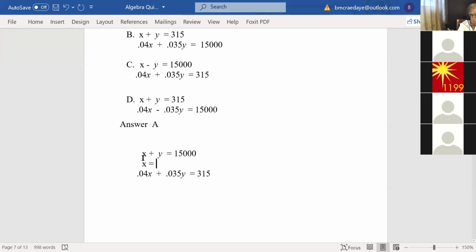I want you to solve this equation for X. What is X? How would you solve this equation for X? Go ahead, Latoya. I think you were about to say it. How do you solve it for X?